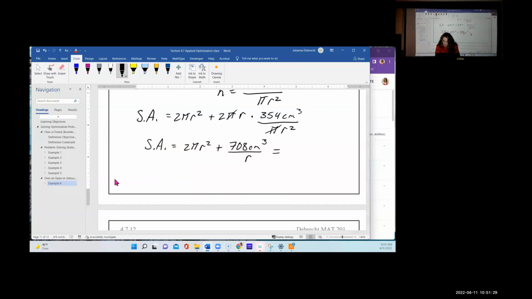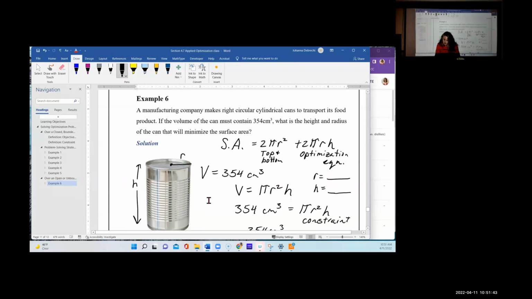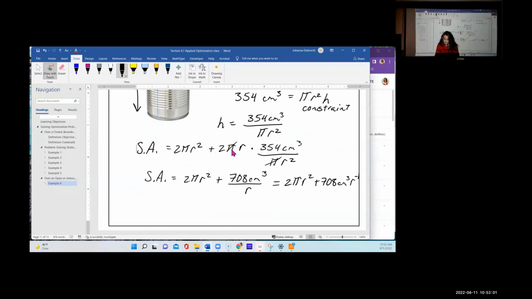I would probably write it in a slightly different form, so it's easier to take the derivative, with r to the -1 power. Now, to remind ourselves what we're doing, we're looking for the height and the radius, and we want to minimize the surface area. So this is our objective, which is to minimize the surface area, but we're looking for the height and the radius in order to make that happen.